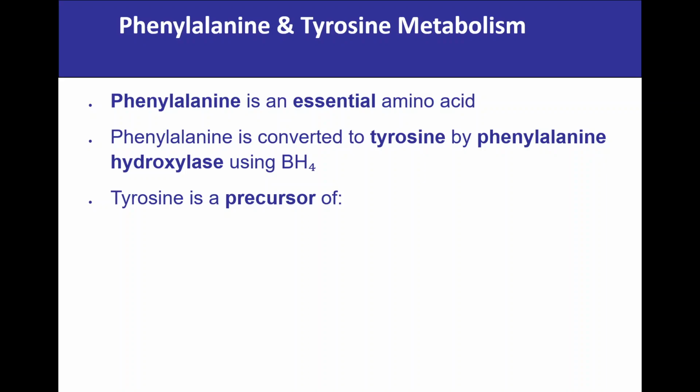Tetrahydrobiopterin. So this is BH4, or tetrahydrobiopterin. We'll come back to it in detail. Don't worry about the full name now. BH4 is the cofactor to convert phenylalanine to tyrosine. And we will see later that tyrosine is the precursor for many important molecules such as the catecholamines, melanin, and thyroid hormones.